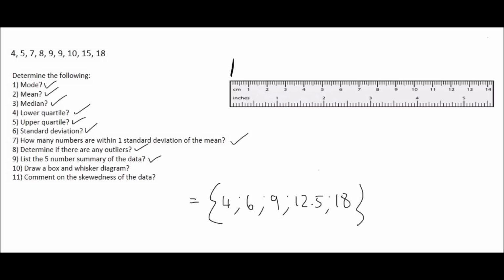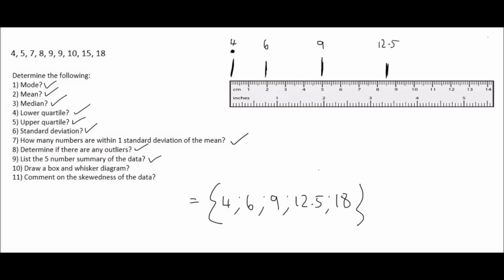So that'll be our 4. Then we go 2 centimeters on to over here, where that'll be a value of 6. Then we go 3 places over here, so that'll be 9. And then we go another 3.5 places, so that'll be 12.5.